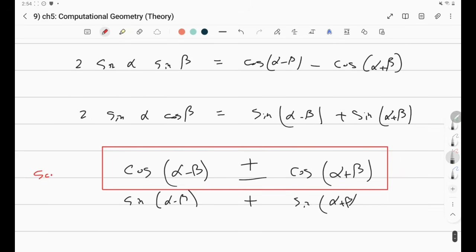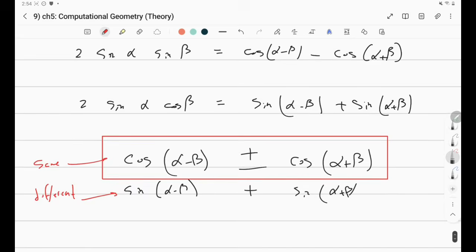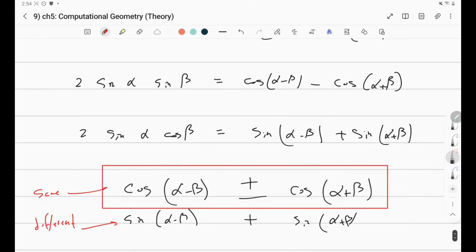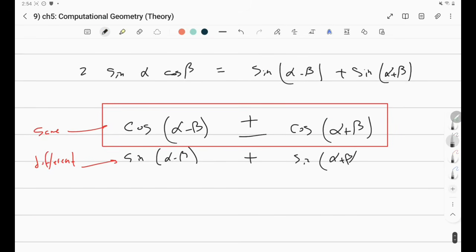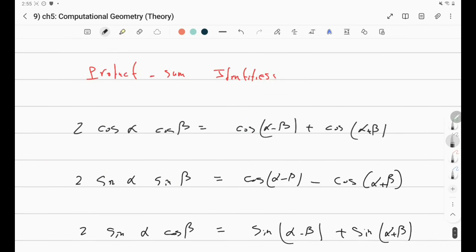Here same, here different. Same, you go for cosine, otherwise you go for sine. And plus or minus, you just figure it out. It's easy. It will not take you even 30 seconds maybe. So now you know how to handle these.